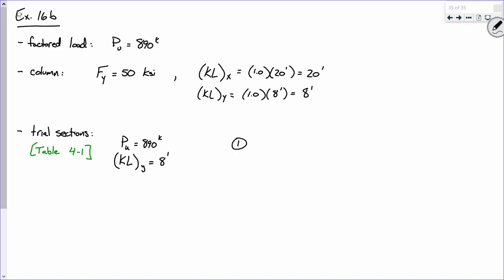So you remember how this works, right? We start off with the W14s, and we ask ourselves, what is the lightest W14 that's available that will adequately withstand 890 kips at an effective length of 8 feet?